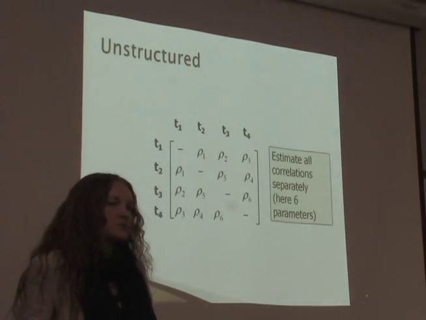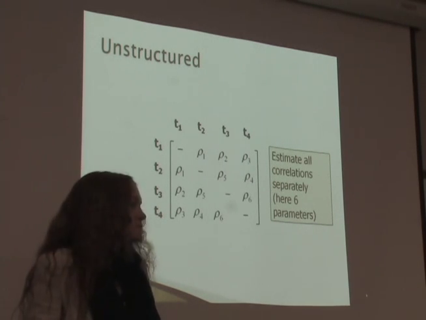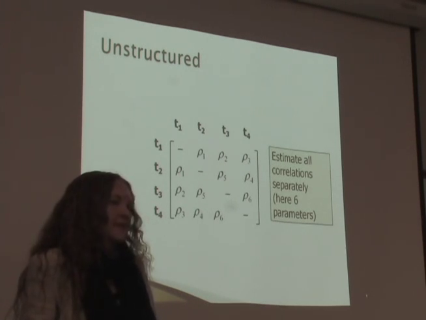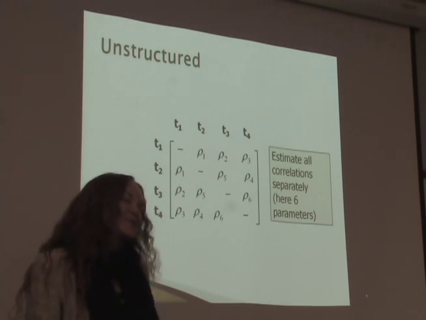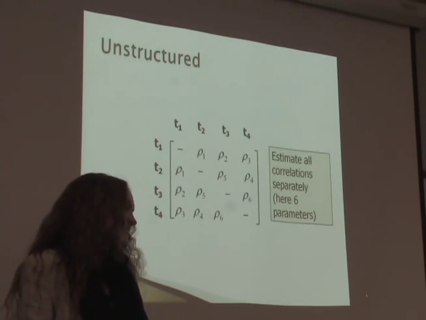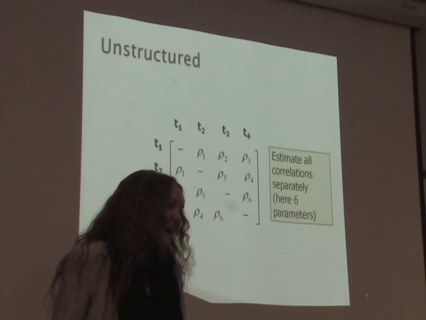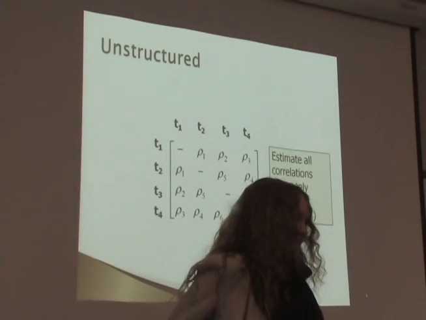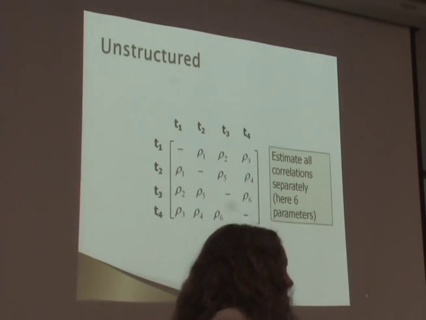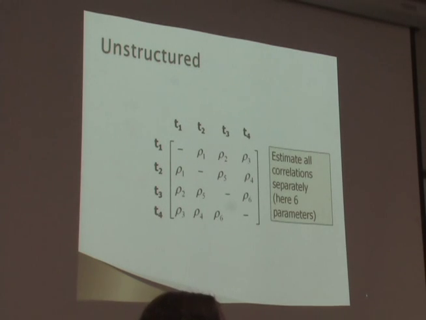I tend to use AR1, autoregressive. Sometimes I just use compound symmetric. Sometimes I use unstructured. Does anyone have preferences with their correlation structure? Their favorite correlation structure? Yeah? I've seen autoregressive used a lot in my smoking cessation research just because it makes sense.